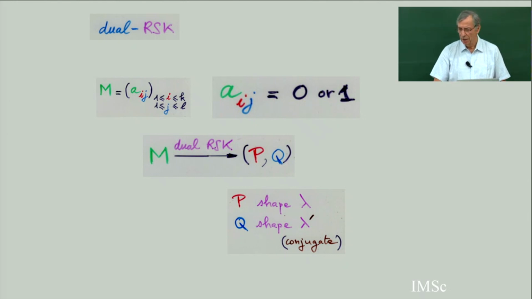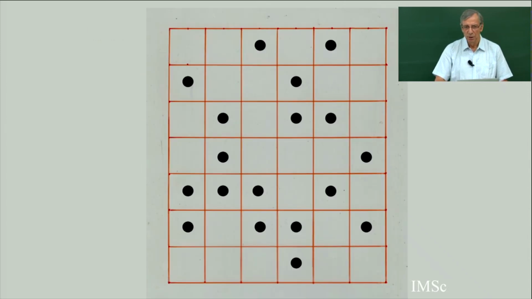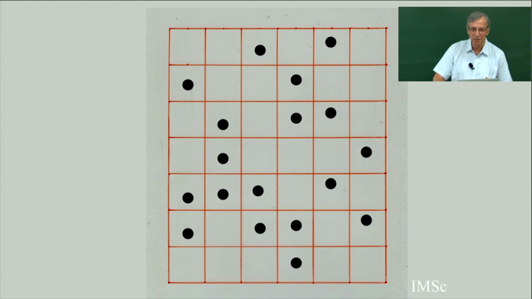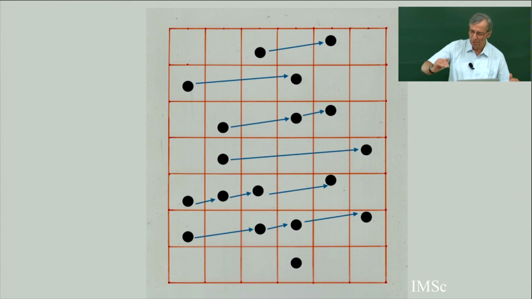So again, I give an example, and again, I am going to move my point. So if you did not understand clearly what I was doing, moving the point, I made an animation to move the point in this case of a matrix with 0, 1. So look carefully. First, I move the point in the row so that it is an increasing sequence. You see, I just move a little.